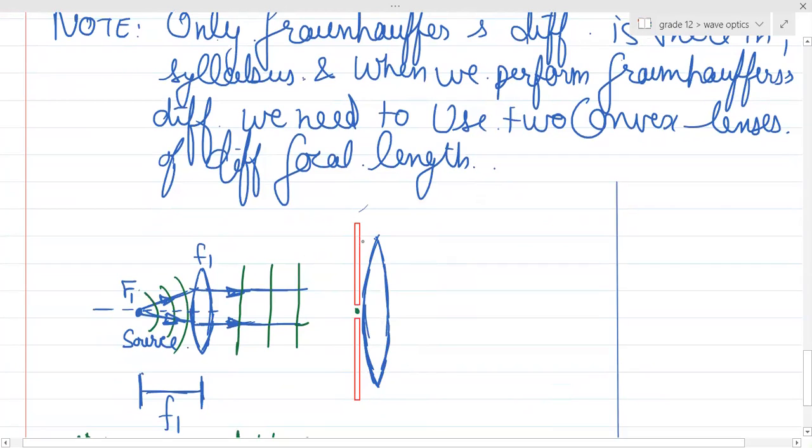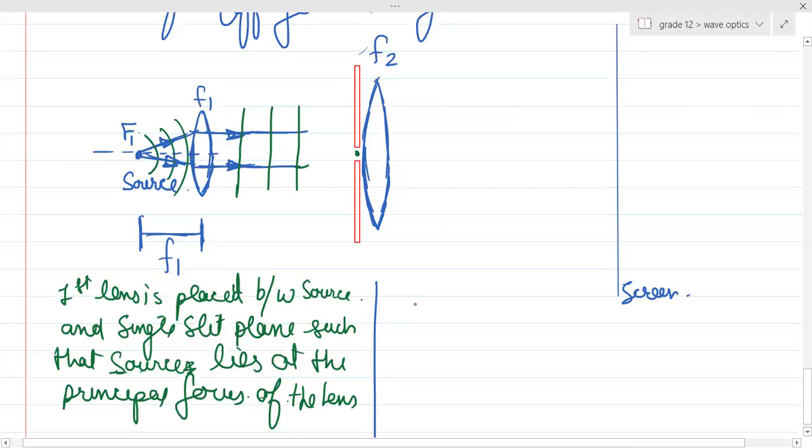Yes. So can you see, guys? There is another lens which is just placed.